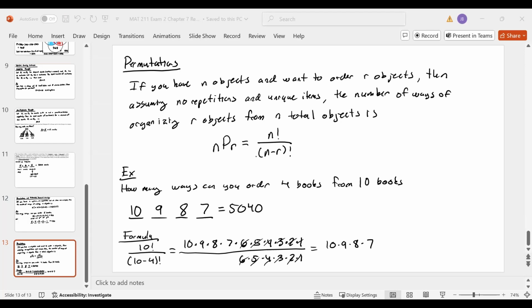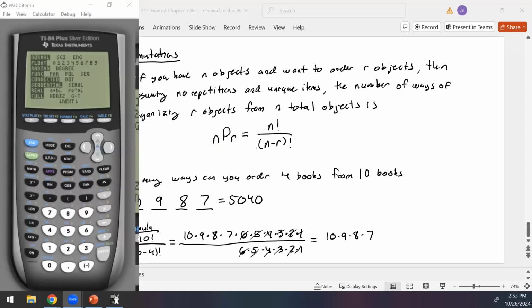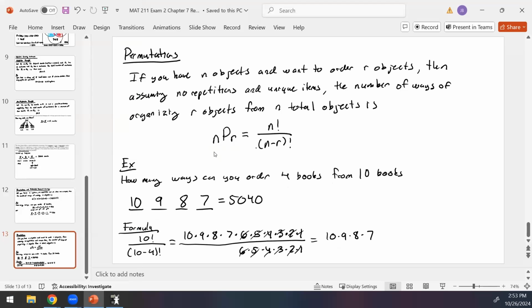And if you don't know how to do that, it's very simple on your calculator. I'll show you very quickly. So let me grab my calculator. So here's my calculator. You're going to do second quit. So if you have a newer calculator, you should do this no matter what anyways. So the first number, n, is your total.